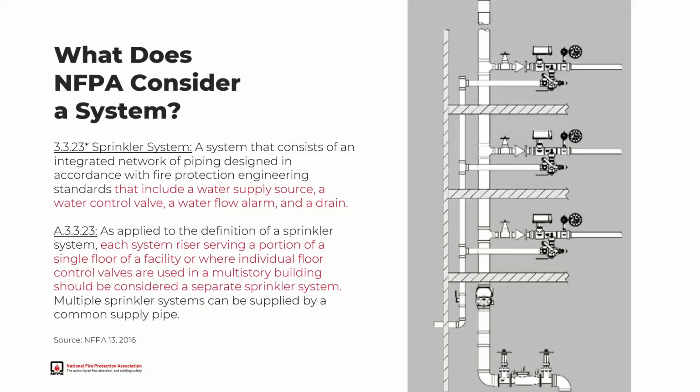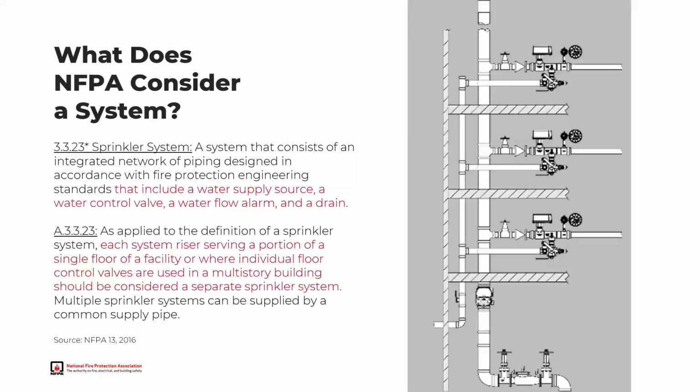And one of the items of concern has been the recent update in language. And this is another thing where an AHJ or your various approval authorities have got to be on the same page with the designer and the installer on how they are defining a system. NFPA 13's latest definition of a system, again, to paraphrase it, is if you can control the flow of water, sense flow of that specific water, and drain that line, that is a system.